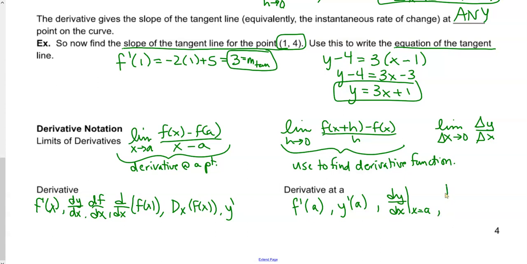We can also use the df over dx where we are evaluating at x equaling a similarly as well. Okay? All right, very good. So again, slope of the tangent line is the derivative. We can do it at a point a, or we can write it as a function as well.